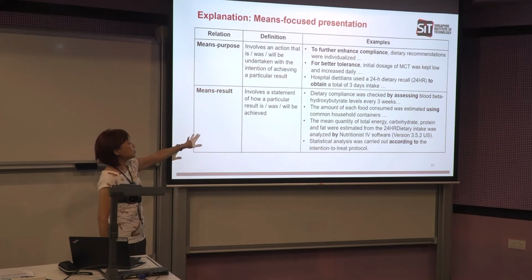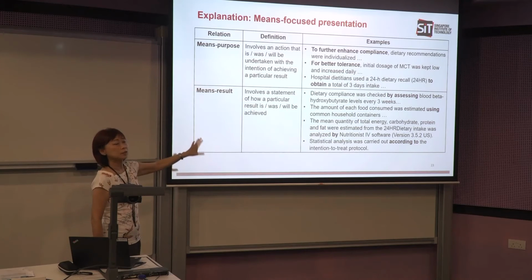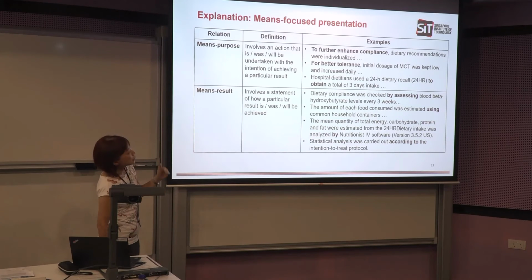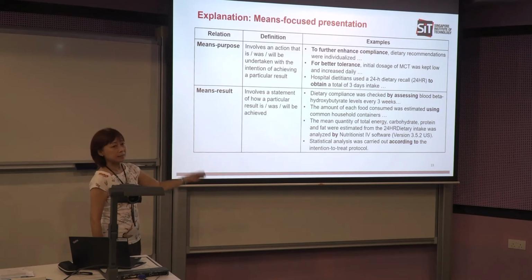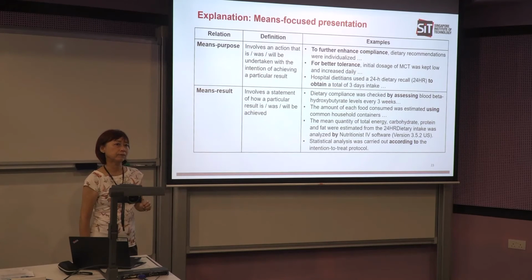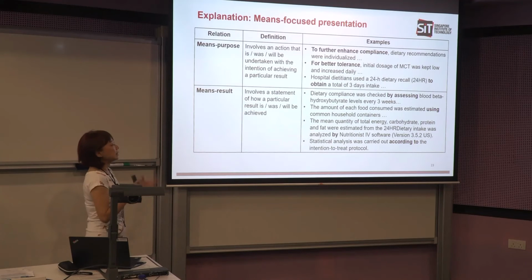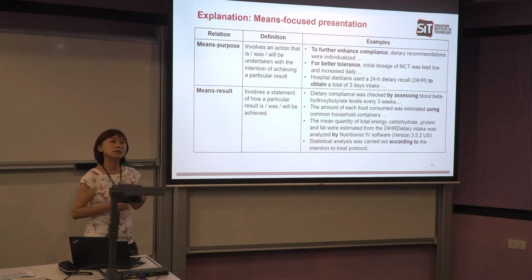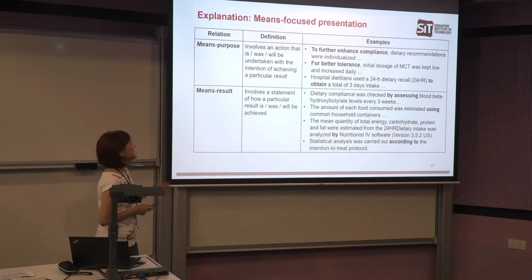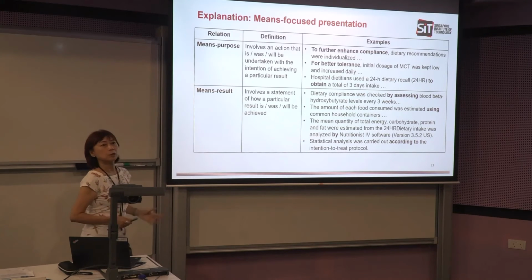Means-result shows how a particular result was achieved. So dietary compliance was checked by assessing. So by assessing is your means. The result is dietary compliance was checked. So in explaining the steps taken, authors will do either this, talk about the purpose, or talk about the result.